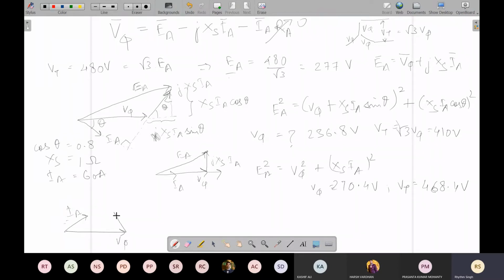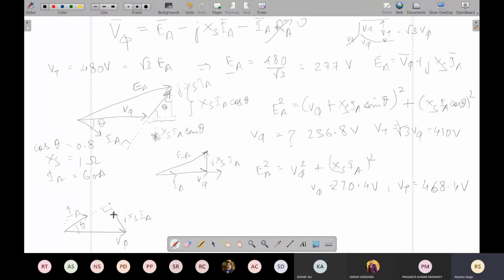It will be something like this here. So this will be your J axis IA. And again, if we complete this, this is your theta, and this is 90, so this is again 90 minus theta.